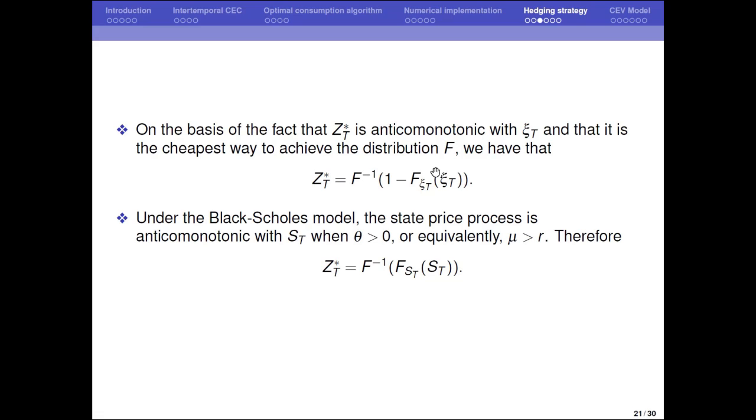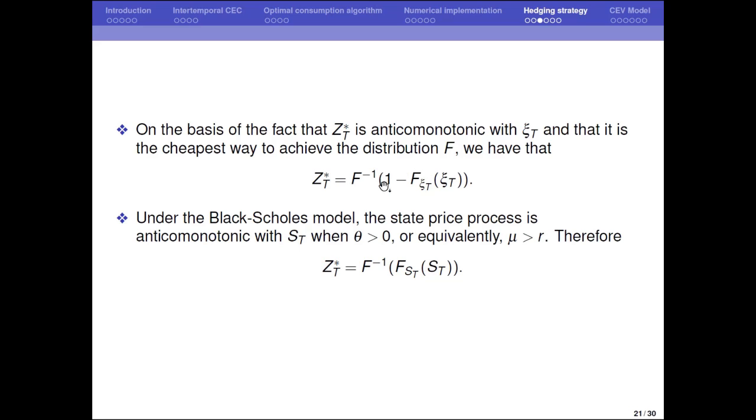This is uniformly distributed. So if I apply this little trick, that is, I take one and subtract a uniform random variable, I have another uniform random variable that is anti-monotonic with the stock price process.